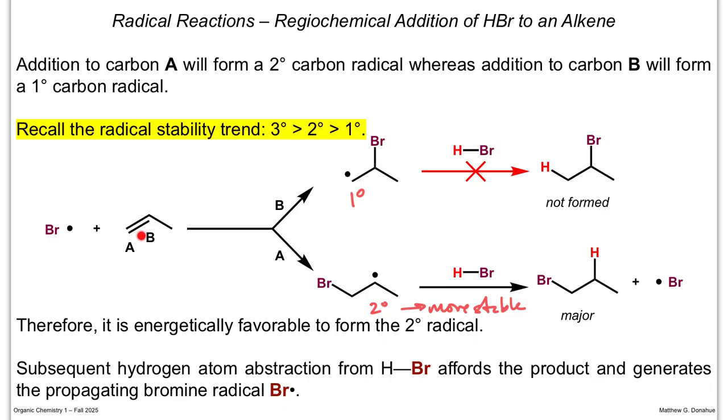So to reiterate what this word regiochemical means, and we're going to revisit this later in Module 5. When you have an alkene with this type of reagent, you can add the H to A, the bromine to B, or you can flip it around.